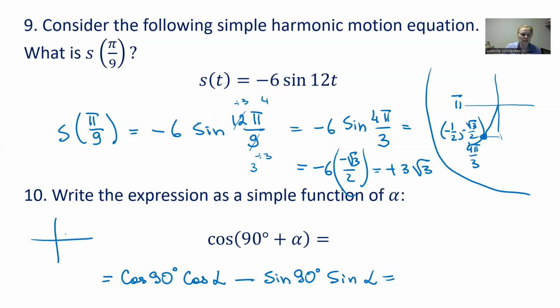So for 90 degrees on the unit circle, the coordinates of this point are 0 and 1, so cosine is 0, sine is 1. So we have only the second term, negative alpha.